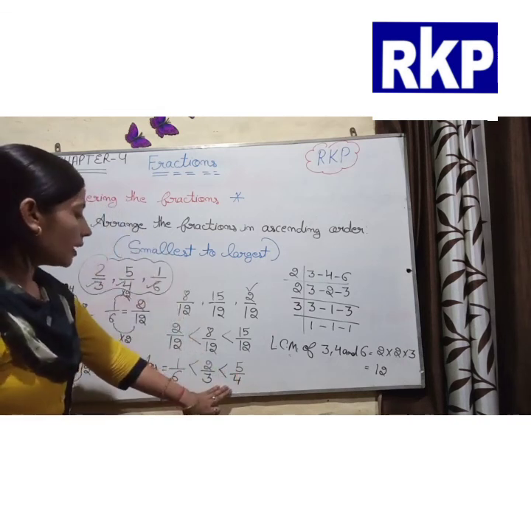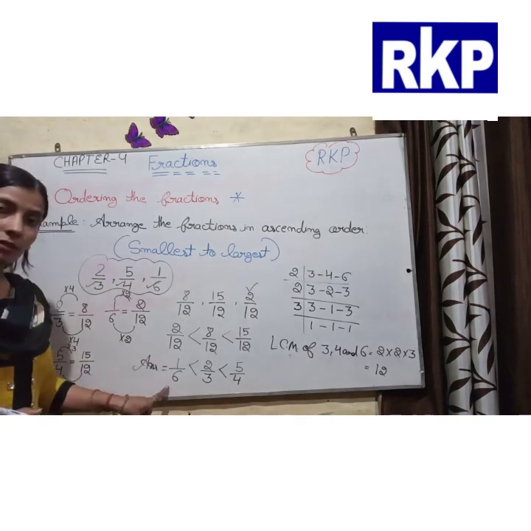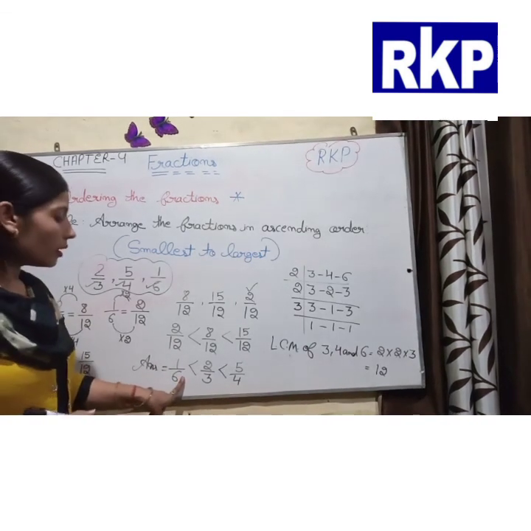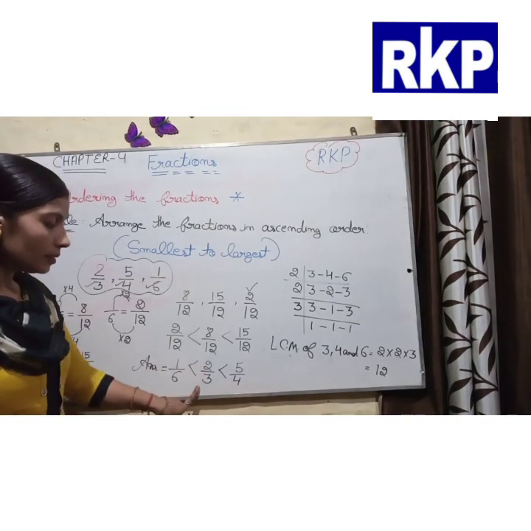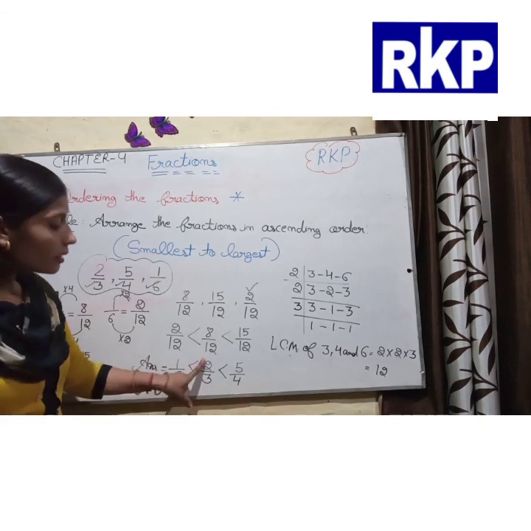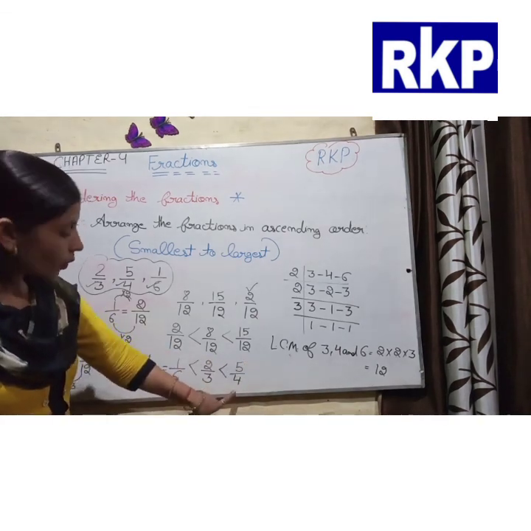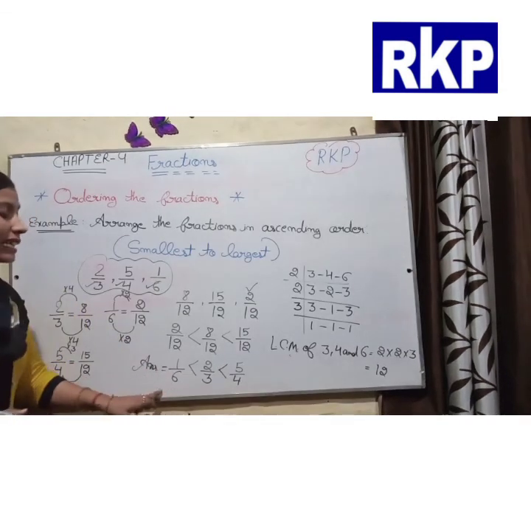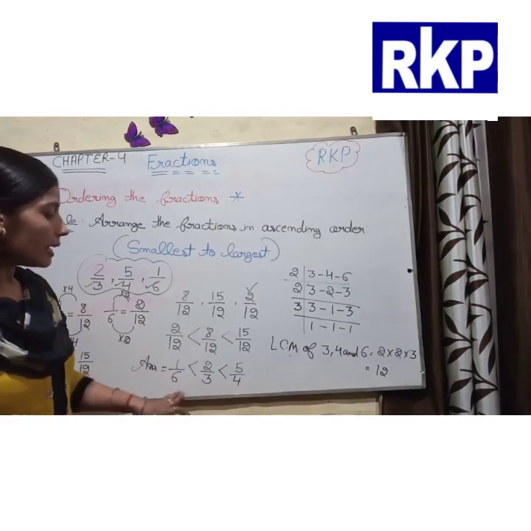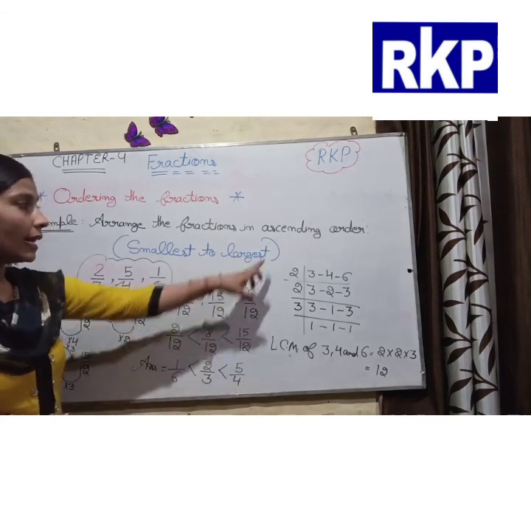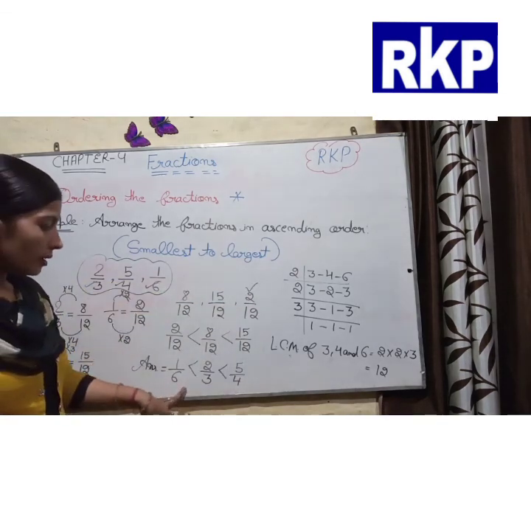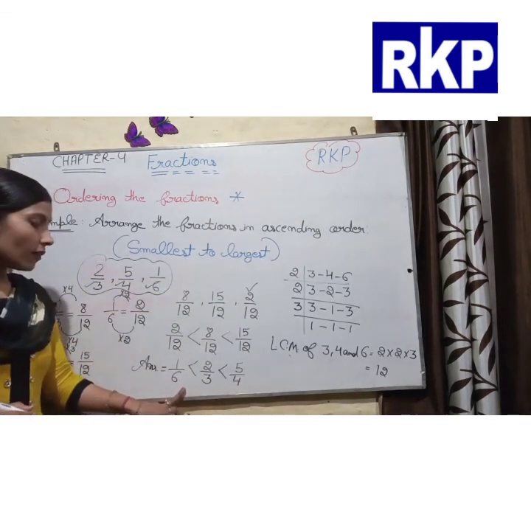Now we can say that 1 by 6 is smaller than 2 by 3, and 2 by 3 is smaller than 5 by 4. So now these fractions are arranged in ascending order. I hope you all have understood it.